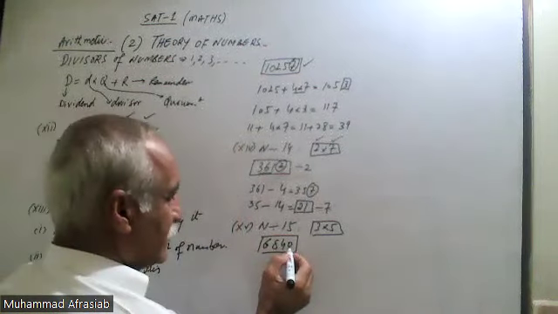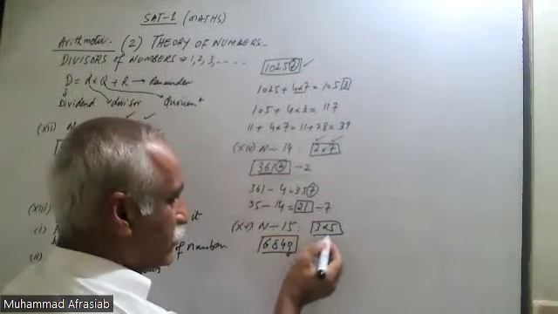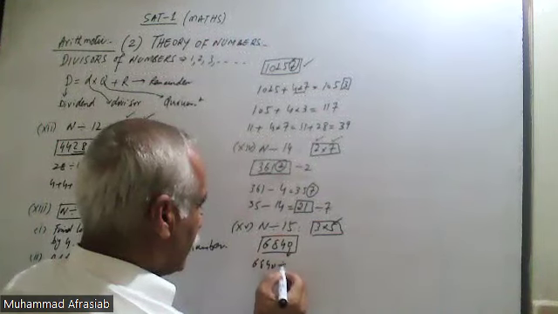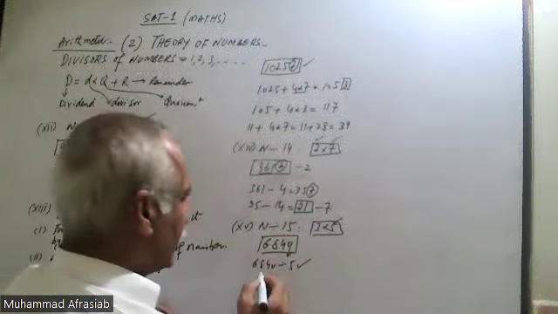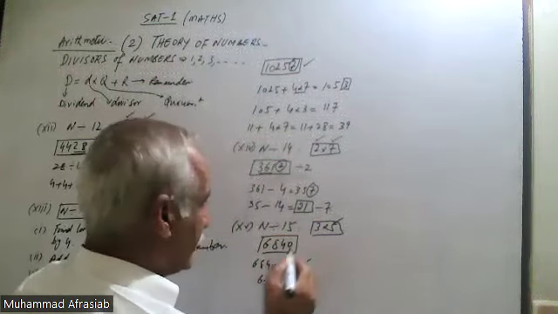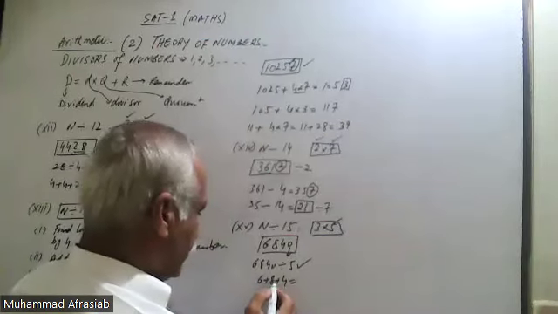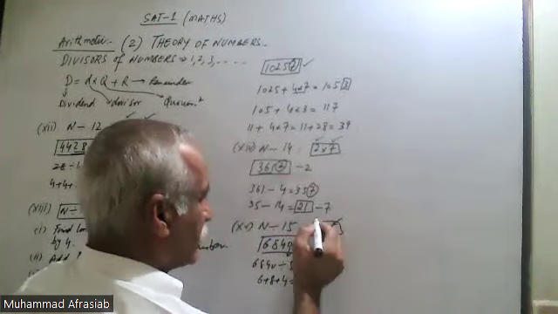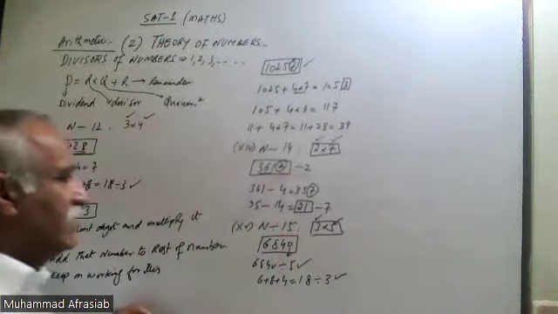Since the last digit is 0 or 5, and here it is 0, it is divisible by 5. So 6840 is divisible by 5. Then you take the rest of the numbers for 3: 6 plus 8 plus 4, that is equal to 18, which is divisible by 3. So this number is also divisible by 3. So this whole number is divisible by 15.